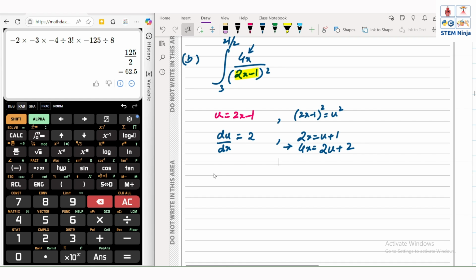All right, so once we do that, 4x is 2 times u plus 1 divided by u squared. And we have to choose the limits also.